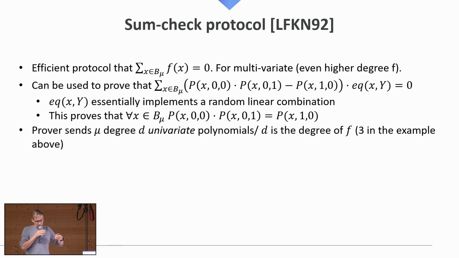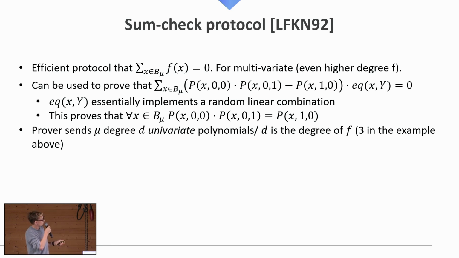The way that the sum check protocol works is that the prover and verifier proceed in rounds, so it's a poly IOP. There are mu rounds in total, and in every round the prover sends one degree d univariate polynomial. So d here is the degree of f. And what is the degree of f? Well, I know that all of these things are linear. So p is linear, p is again linear, p is linear, and eq is also linear.